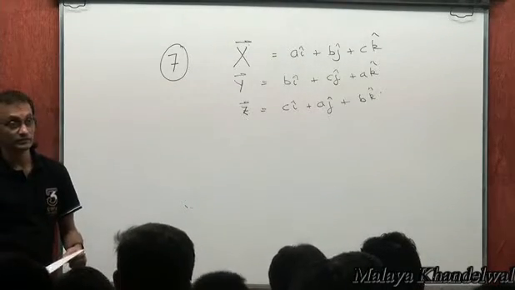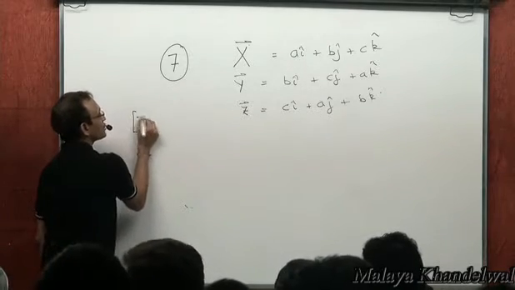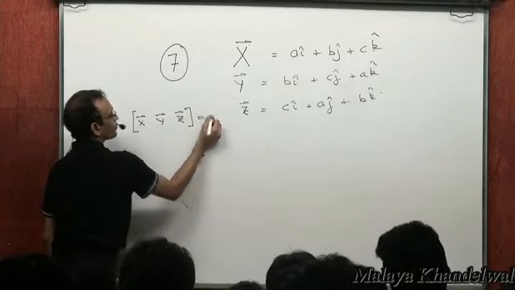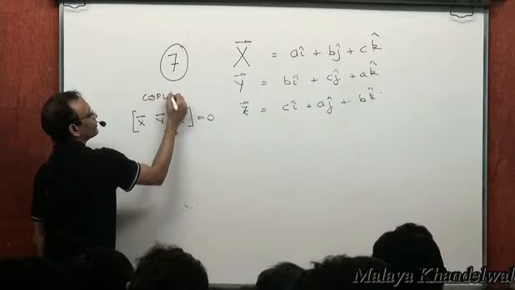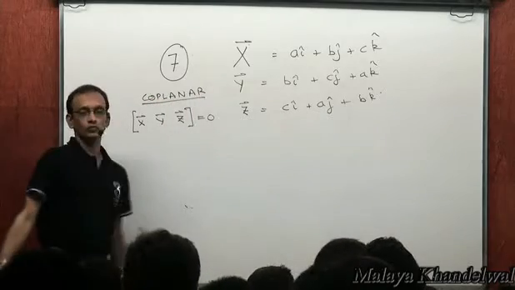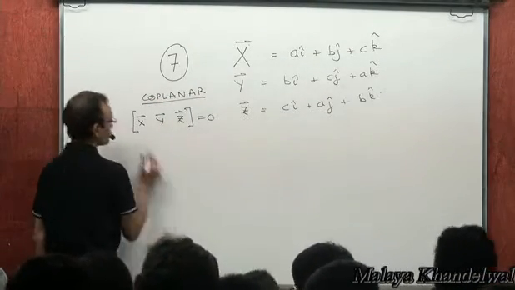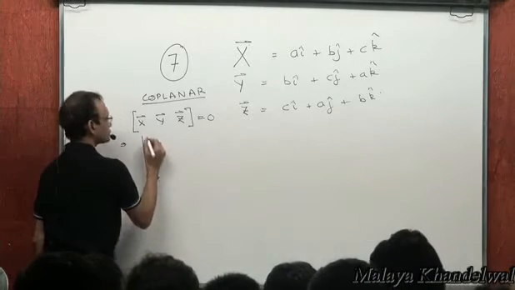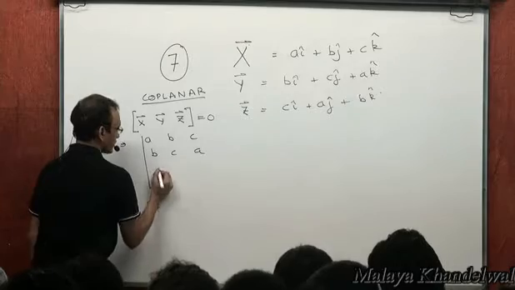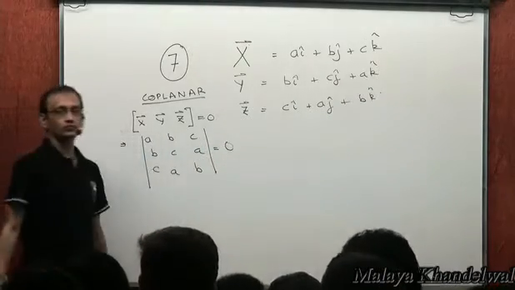Coplanar means what? When would three vectors be coplanar? When their scalar triple product is 0. For them to be coplanar, their scalar triple product must be 0. Or the determinant of ABC, BCA, CAB must necessarily be 0.